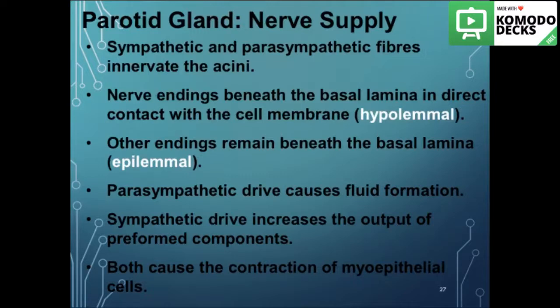The parasympathetic drives fluid formation or saliva production, and the sympathetic nerve supply drives increasing of the output, which is made by the contractile cells we will learn about later. Both cause the contraction of the myoepithelial cells.